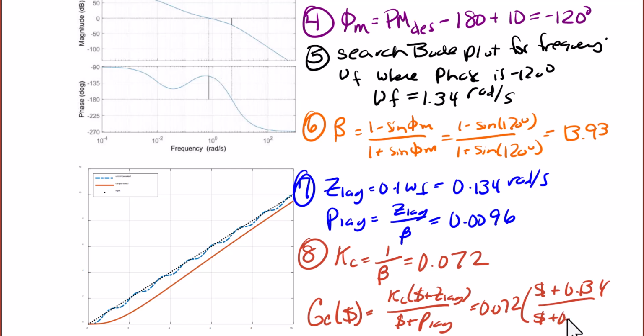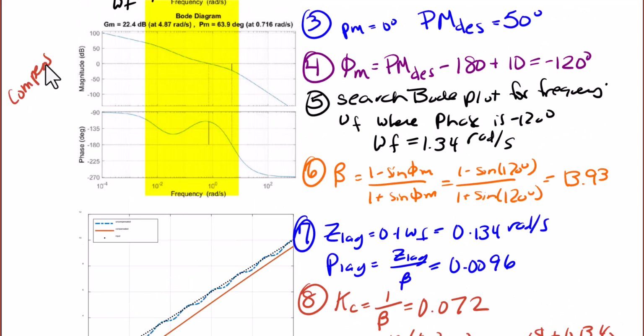So in the next step, I now have multiplied the compensator by my open loop transfer function. Using my gain Kc and my gain K, I have regenerated my Bode plot. So the first thing you should notice now is that since this is a lag compensator, there is now a dip in the magnitude and the phase plot.